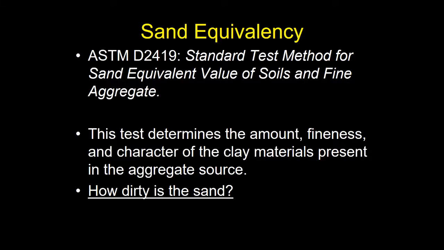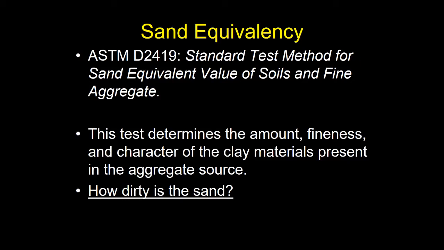And then the last one is the sand equivalency test, ASTM D2419, standard test method for sand equivalent value of soils and fine aggregate. So this test determines the amount of fineness and characterizes the clay materials present in the aggregate source. Basically, the question of this test is, how dirty is this sand, or how dirty is this fine aggregate?